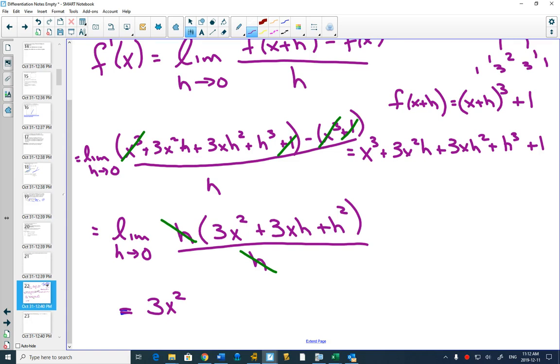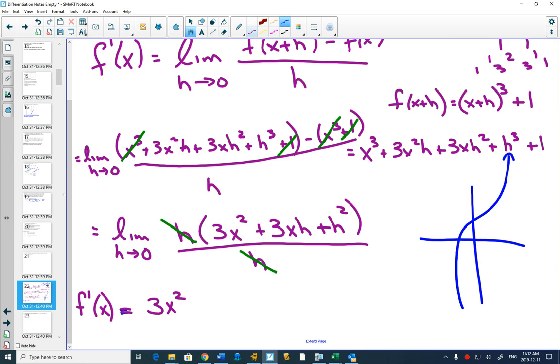What we just found, the 3x squared, what does it mean? It's a formula for every single tangent line on x cubed plus 1. Graphically, if I draw this, would you agree that that is x cubed plus 1?